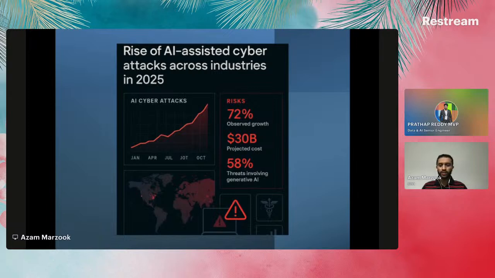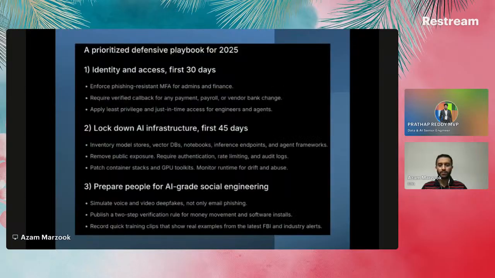In the same way, attackers and adversaries are utilizing AI tools to increase their attack vectors and expand into multiple attack surface areas. This is how the growth is going, and it's obviously alarming that the risks are also increasing rapidly.